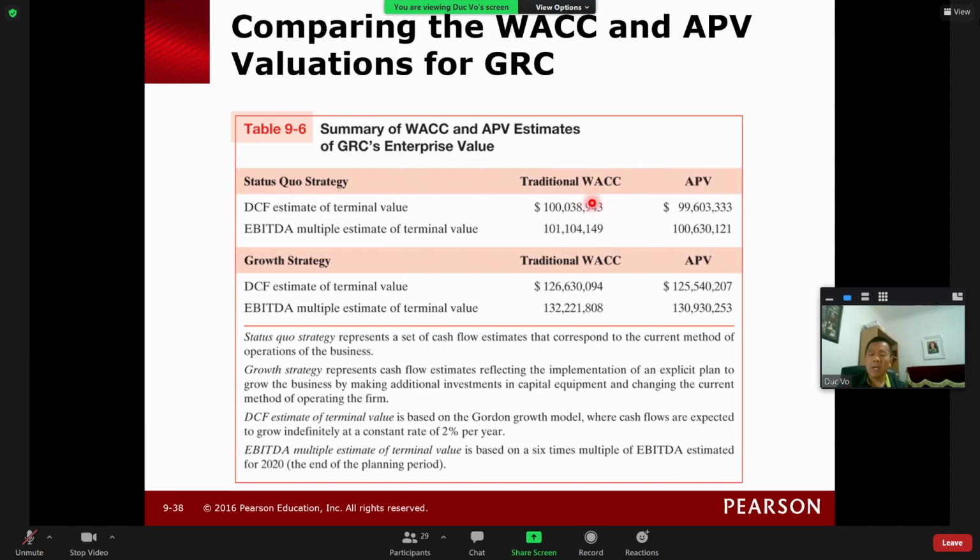So no doubt the APV represents an advance compared to the conventional cost of capital, no doubt in that. But if you ask me which method is more popular in practice, the DCF or the adjusted present value, my response is that the DCF is still more popular. Why is that? Because they believe that the cost of capital will be different, no doubt, they agree with that. However, they know that variation is here and there all the time.